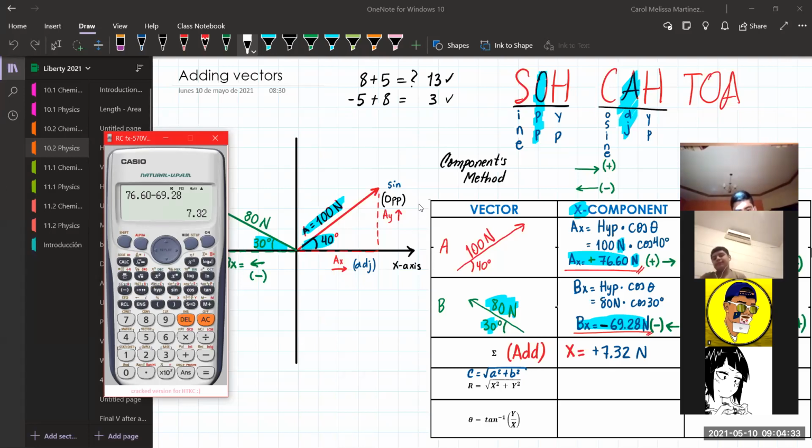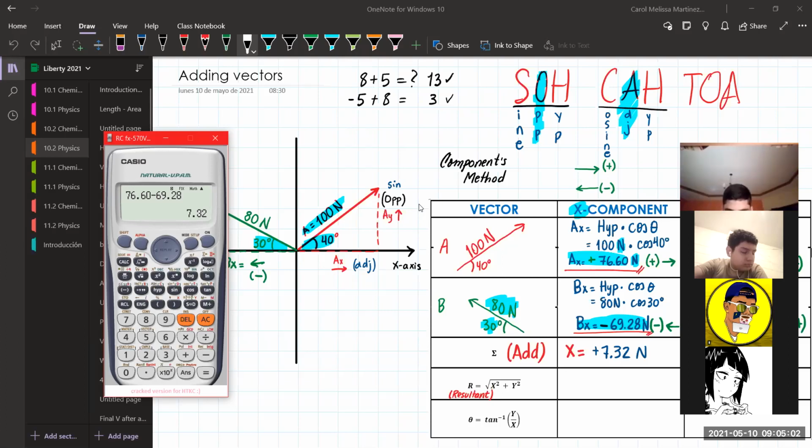That's why I told you the Pythagorean theorem before, okay? So take a look. This equation here is based on that formula, and these represent the word resultant. Resultant is the addition of the vectors, okay? It's the result of adding vectors. That is the resultant.